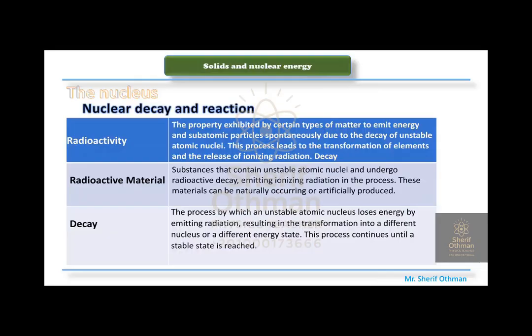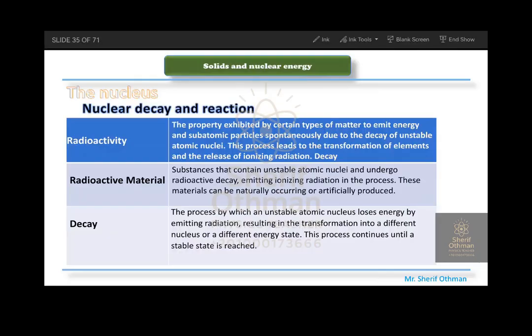So we need firstly to define some physical terms. Radioactivity is a property of certain types of matter to emit energy and subatomic particles. It may emit only energy, or it may emit energy and subatomic particles spontaneously.